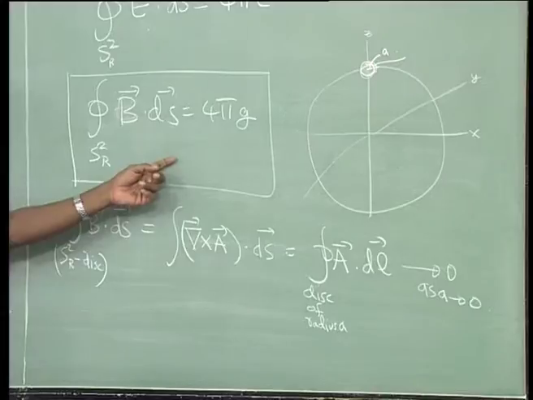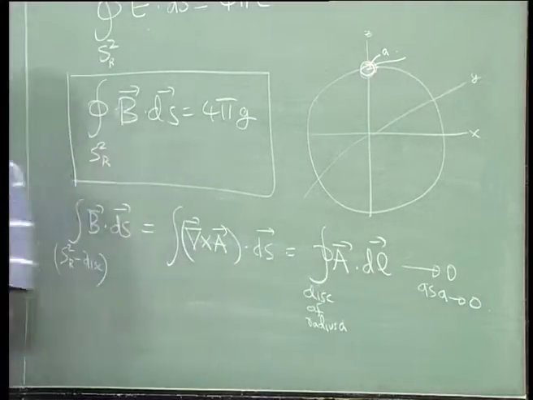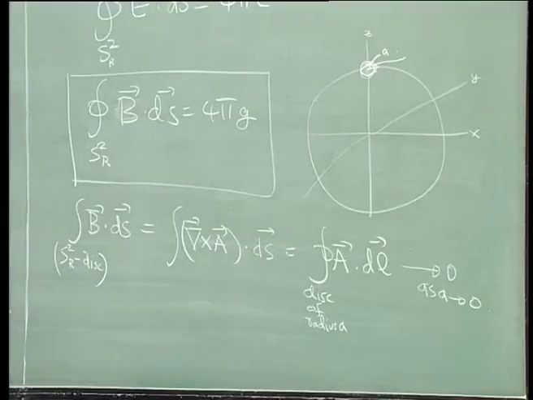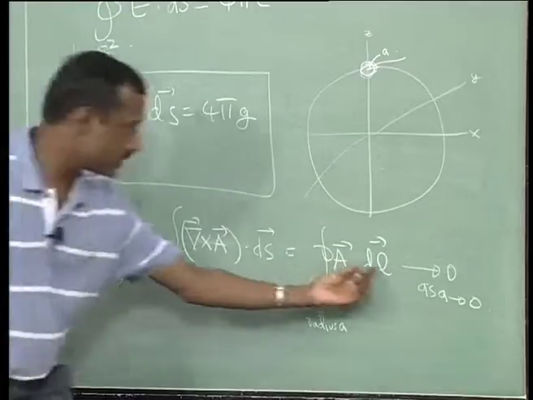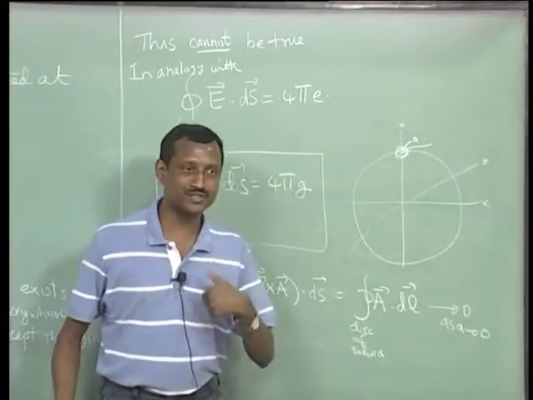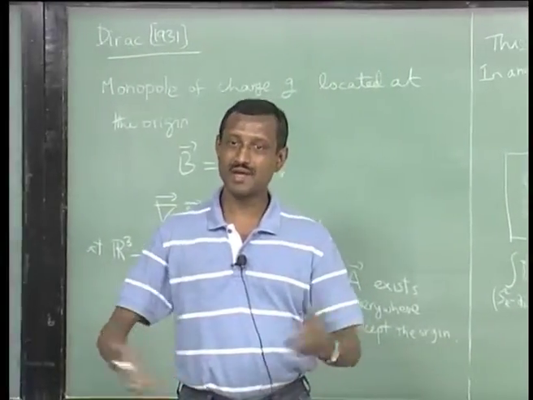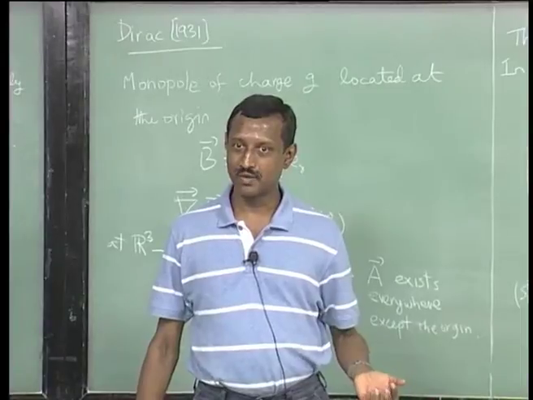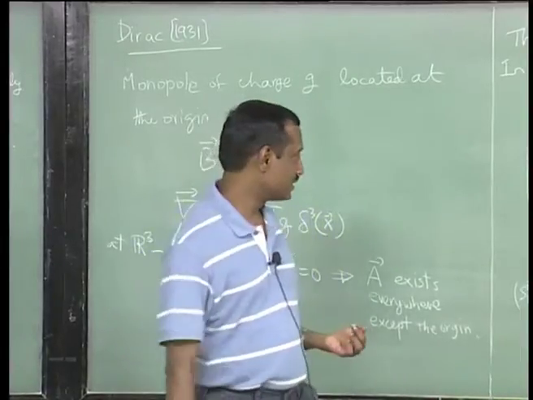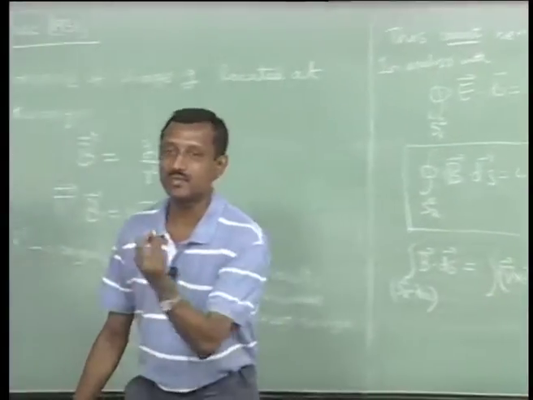The only way this can go wrong is if A becomes singular somewhere such that it will cancel. Even though dl is of size a going to 0, if A blows up at some point as 1 by a, then we can get some cancellation. So what it implies is that A will necessarily blow up at least at one point or some small region.